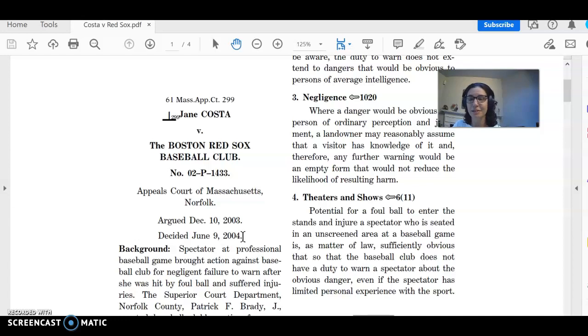And this ties back to something else we've been discussing, which is mandatory and persuasive precedent. This is an appellate court, so it's a higher level court. But who is it mandatory and persuasive upon? It is mandatory for all courts lower than the Massachusetts Appeals Court in Massachusetts.